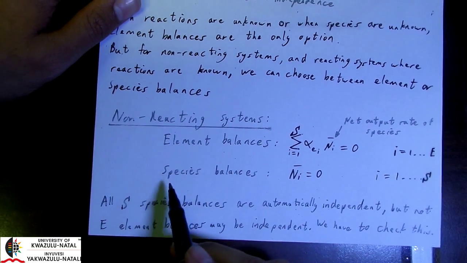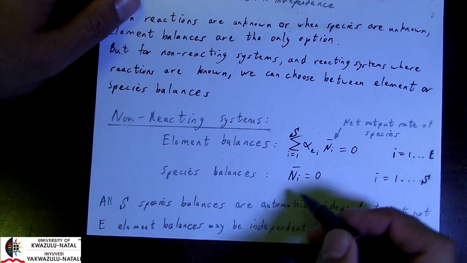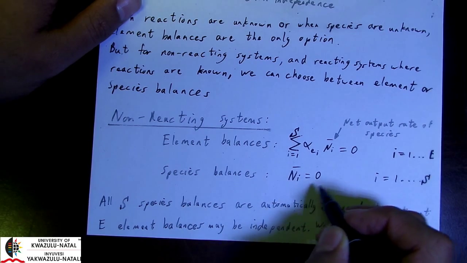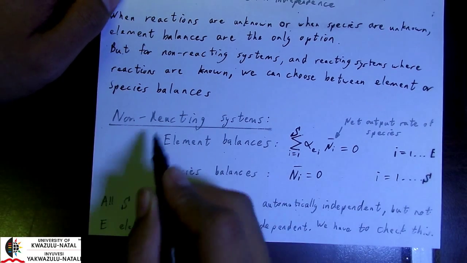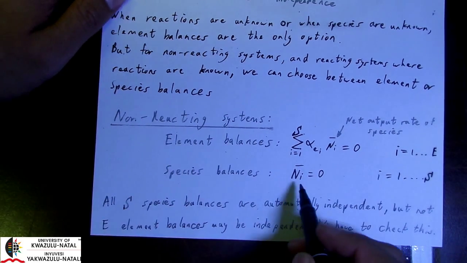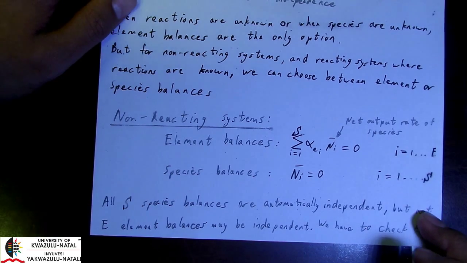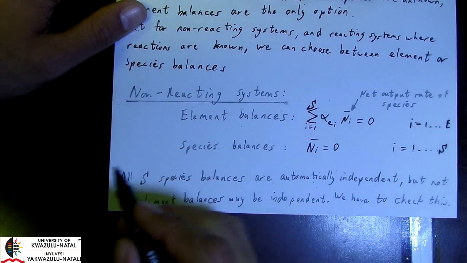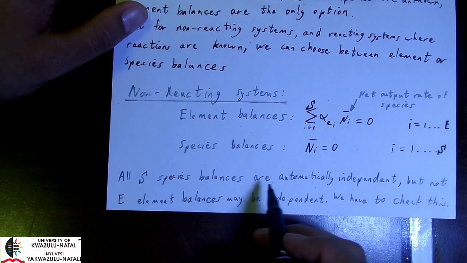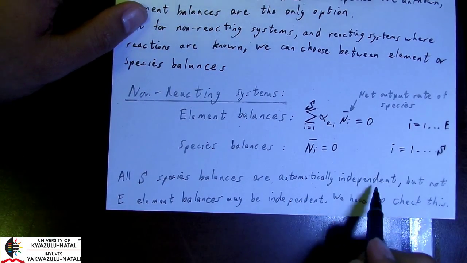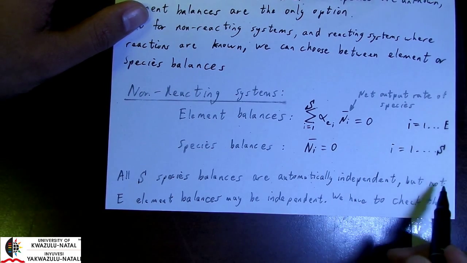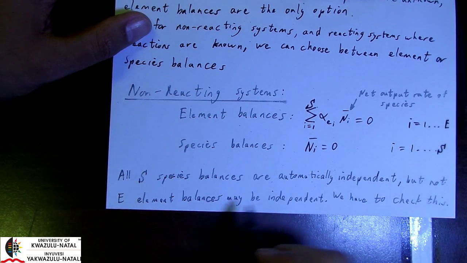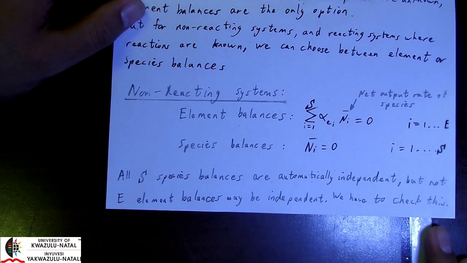In the case of species balances, our net output flow rate of each species is 0. Remember, this is a non-reacting system, so this relationship is true. And also note that all species balances are automatically independent, but not all of the element balances may be independent. We have to check for independence.